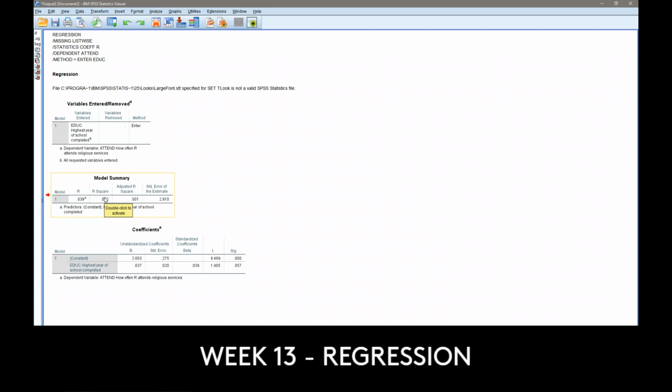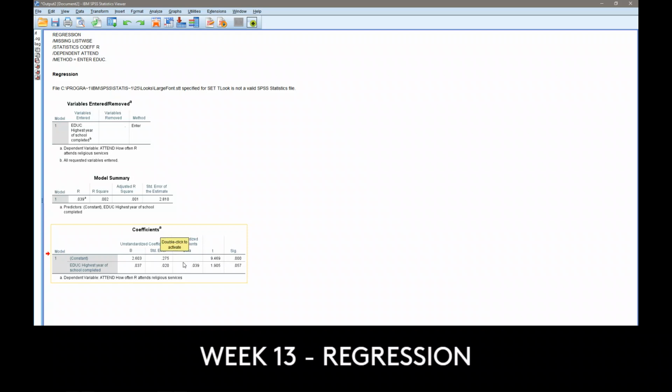That's because we only have one predictor variable influencing the outcome variable. So the amount of explained change is very minimal because only one variable can explain changes very minimally in the outcome. All right. The last box is the coefficients box.